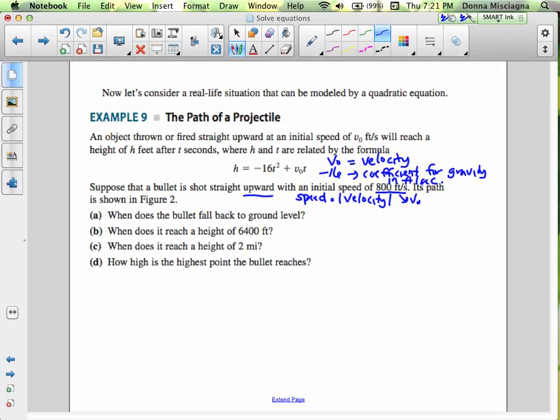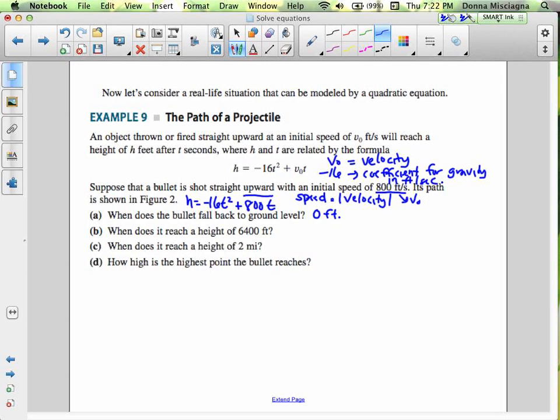All right, so let's actually write our equation, and then we'll answer A. Our equation is h equals negative 16t squared plus 800t. When does the bullet fall back to the ground level? All right, so the ground is at 0 feet.